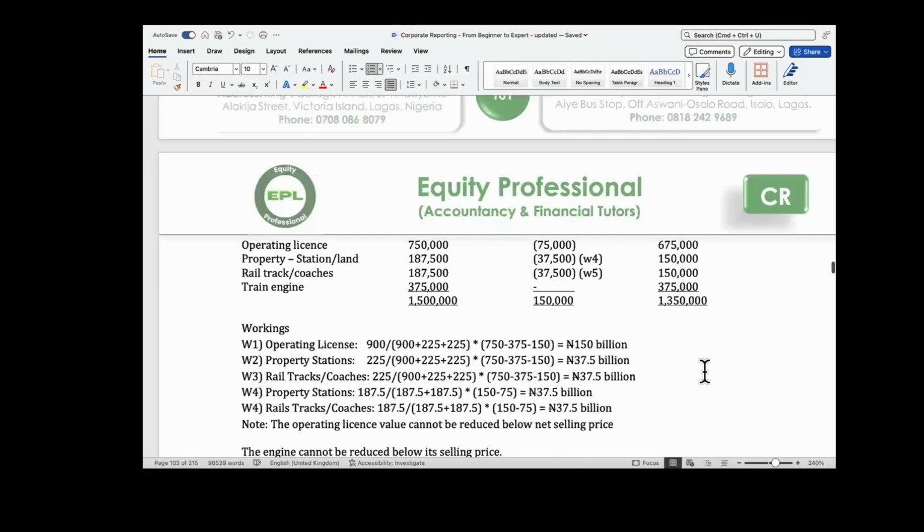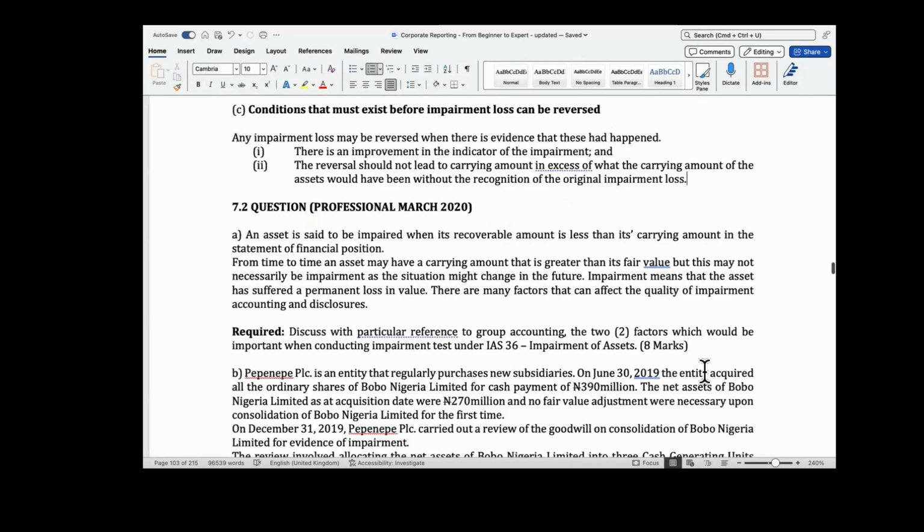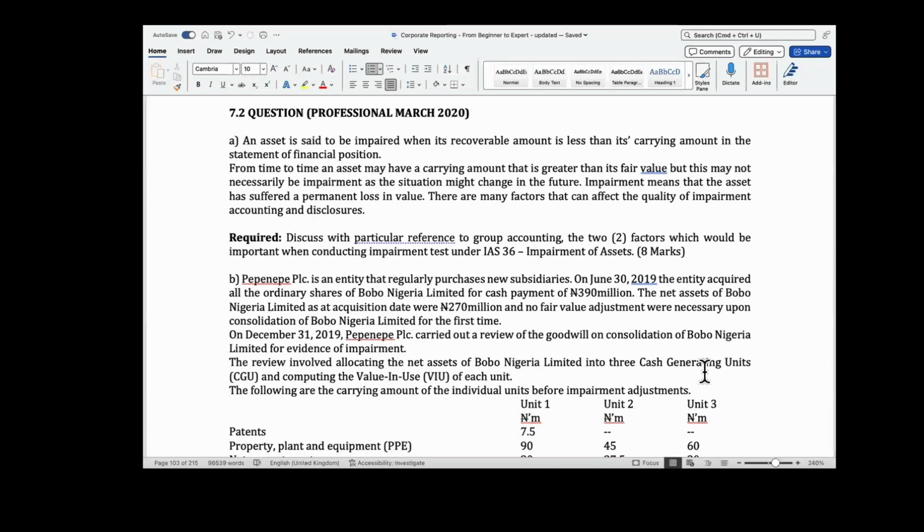Now, here's another question. It says that an asset is said to be impaired when its recoverable amount is less than its carrying amount in the statement of financial position. From time to time, an asset may have a carrying amount that is greater than its fair value, but this may not necessarily be impairment, as the situation might change in the future.